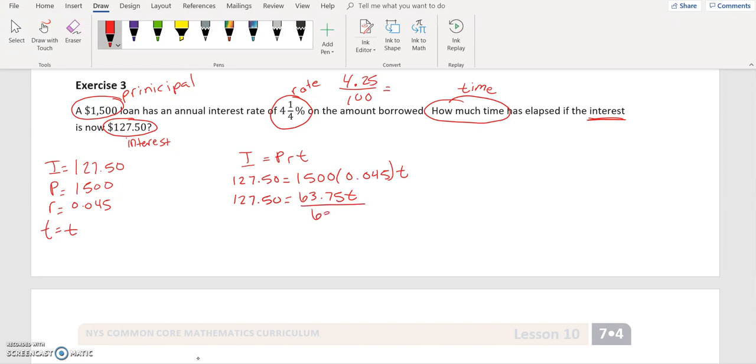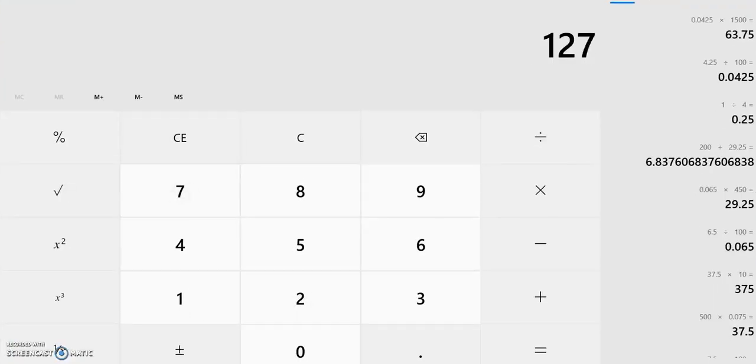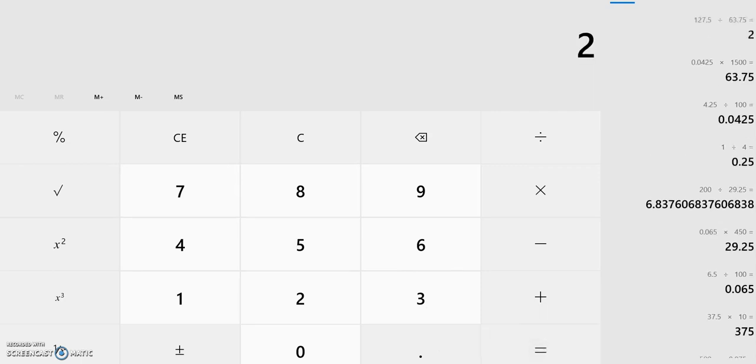To undo it to get T by itself, we're dividing both sides by 63.75. So 127.50 divided by 63.75 equals 2.